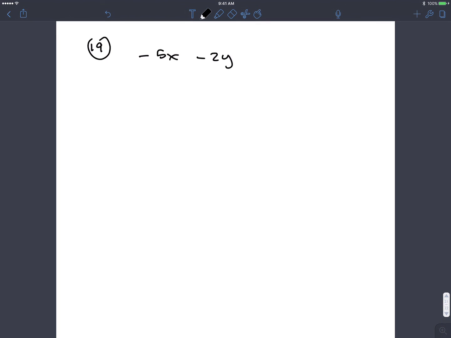-5x plus 2y is 8. -10x plus 4y is 20. Let's write this augmented matrix.